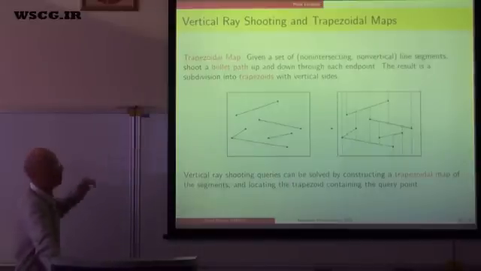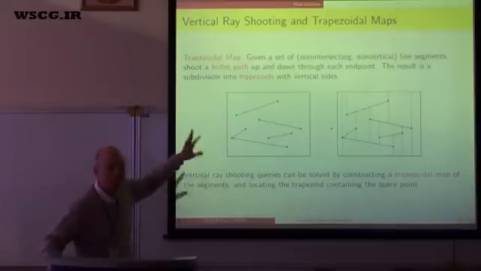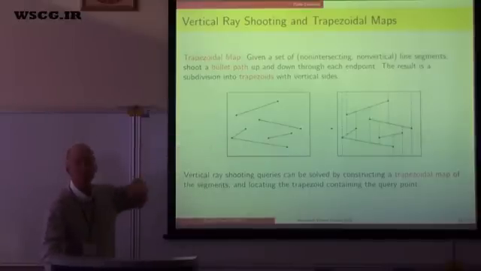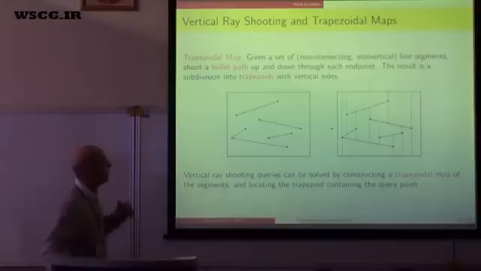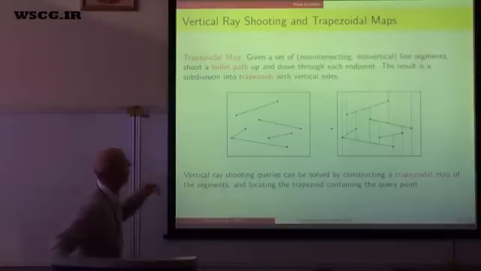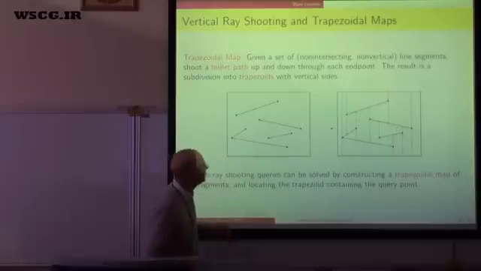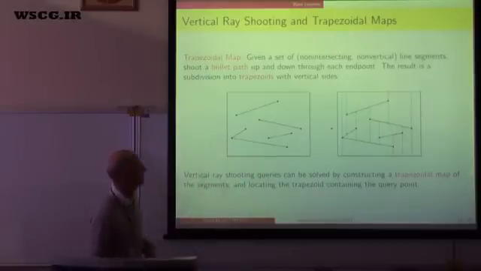Okay, what's the next step? Well, for those of you who've taken computational geometry, assuming you take it from the same book that I read, you'll know this technique of using a trapezoidal map as a method for converting vertical ray shooting to a point location problem. So we're going to go back the other way. Given a set of line segments, I can define a trapezoidal map as follows.